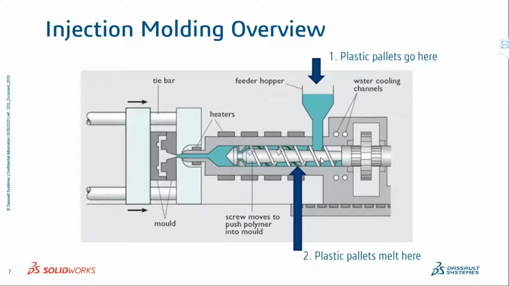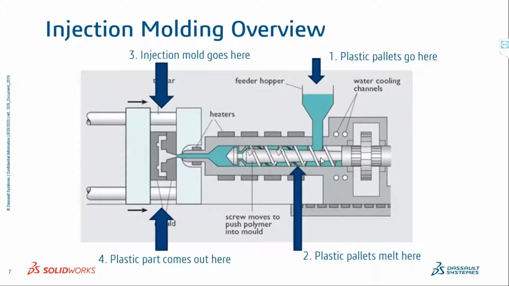Then the plastic pellets are melted here, where there is a feeder screw and heaters are mounted, so that the plastic pellets are melted into liquid, and then it is filled into the cavity. My ejection mold goes here and finally the plastic parts come out here. So this is a very simple process, but it involves a great deal of science and manufacturing behind it, right?